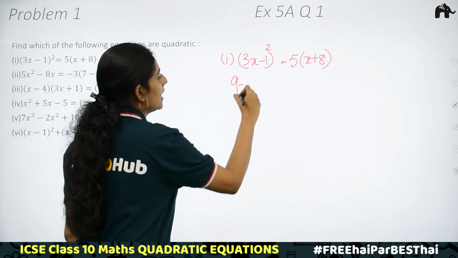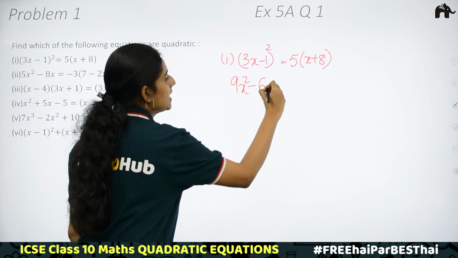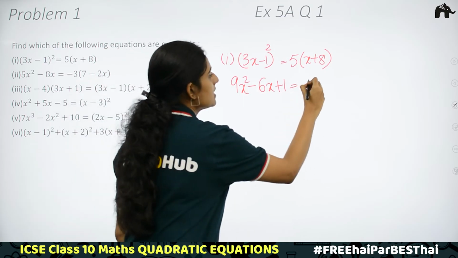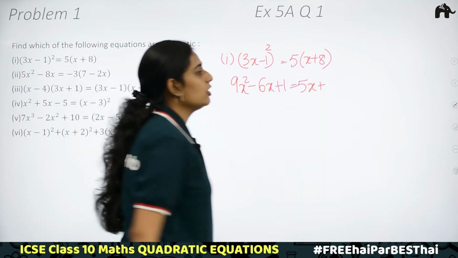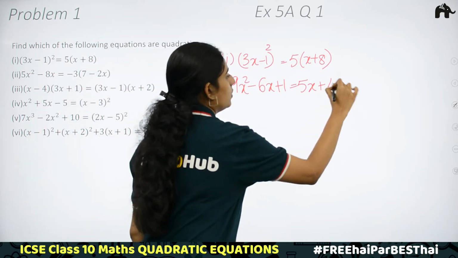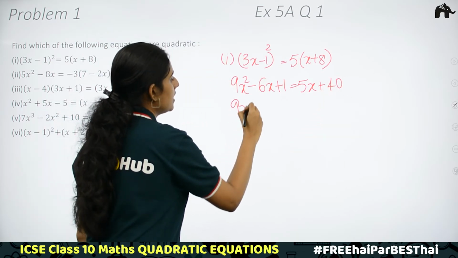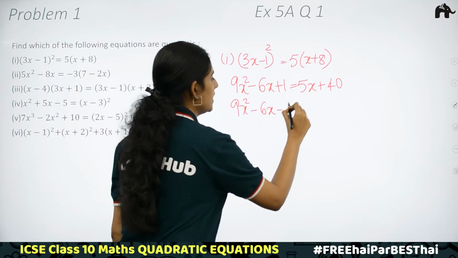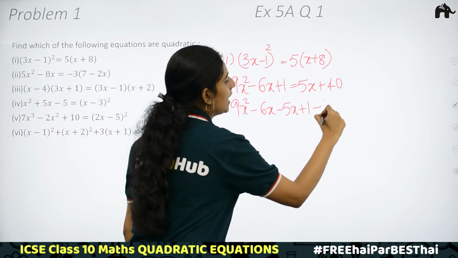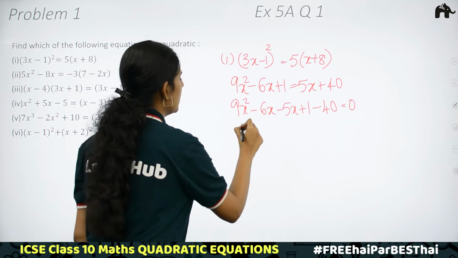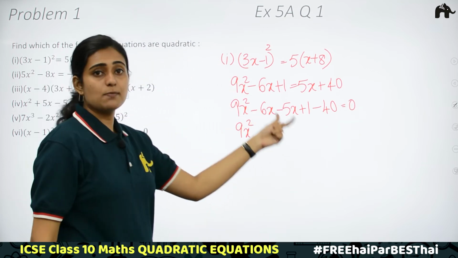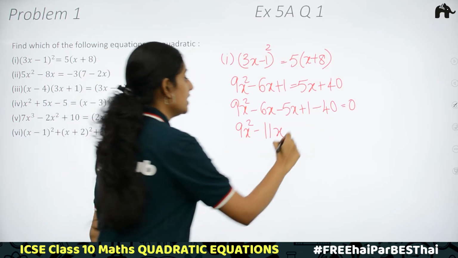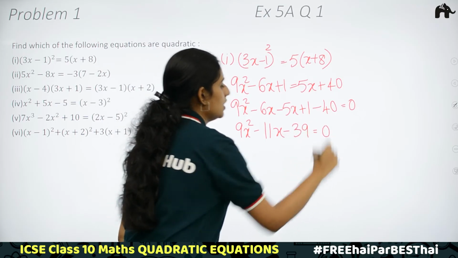That is 9x square minus 6x plus 1 is equal to, removing the brackets, 5x plus 5 into 8, 40. 9x square minus 6x, taking 5x to the opposite side, it becomes minus 5x, plus 1 minus 40 is equal to 0. 9x square minus 6x minus 5x, minus 11x, plus 1 minus 40, minus 39 is equal to 0.